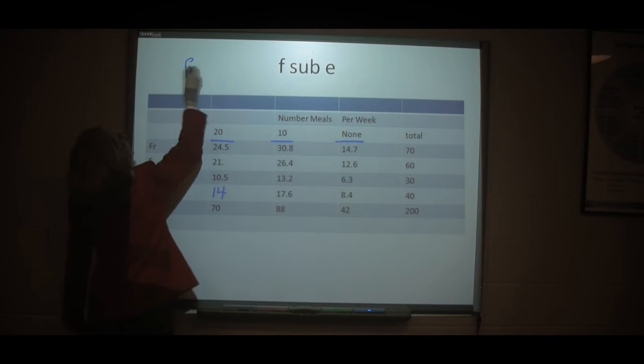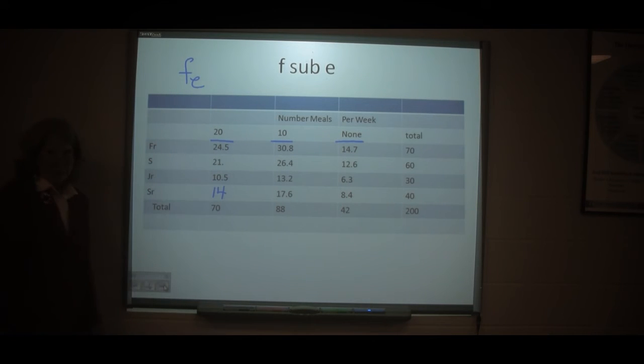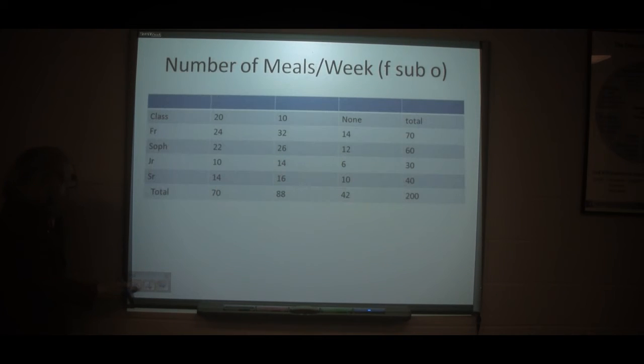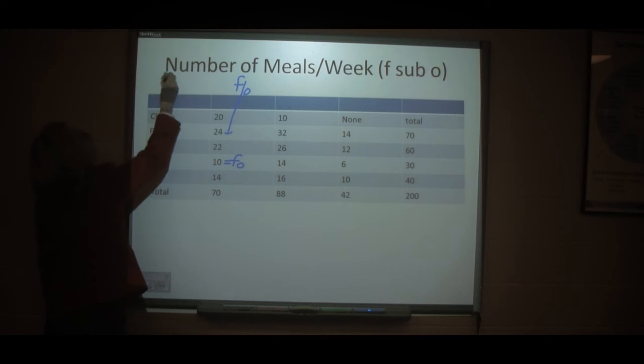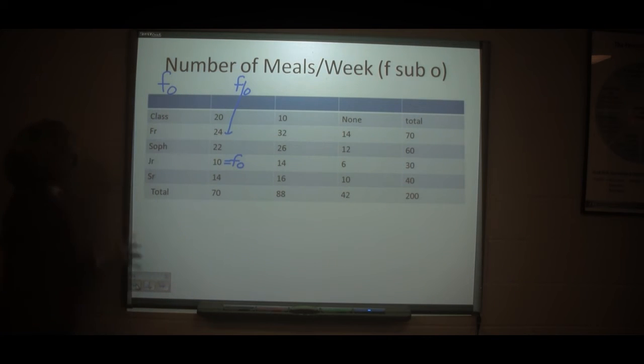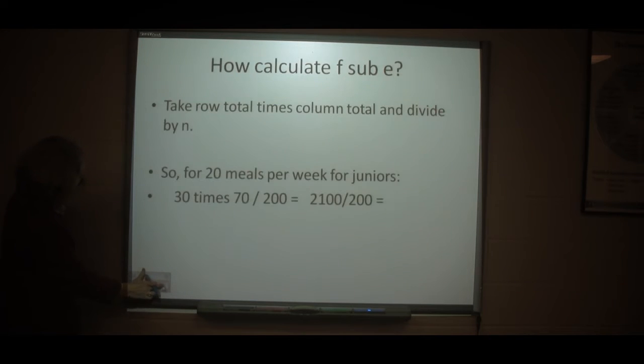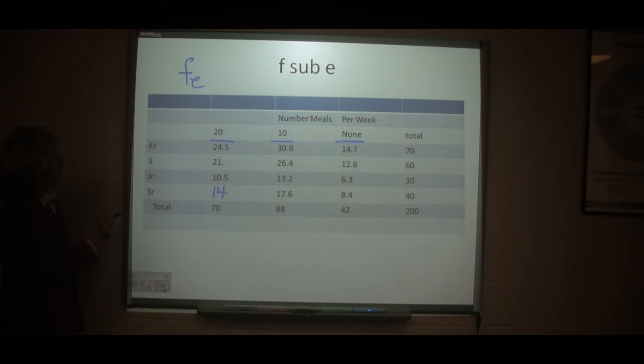So this whole table is the F sub E's. Here we have the F sub O's, and then here's the F sub E's.